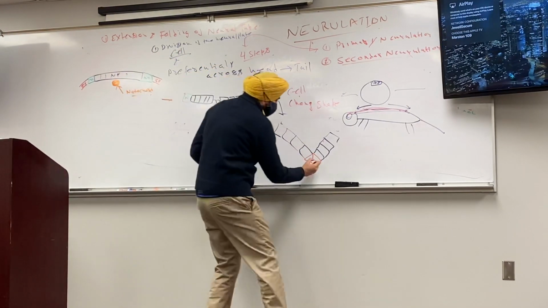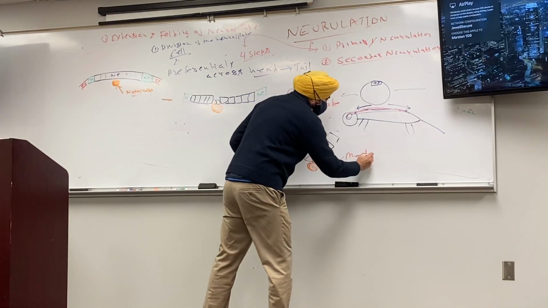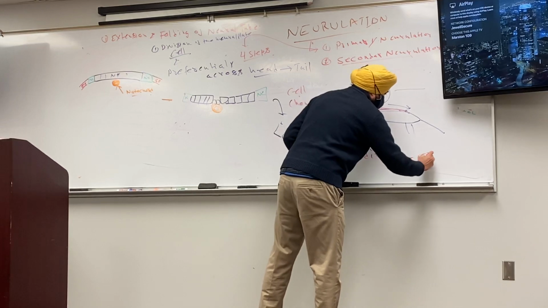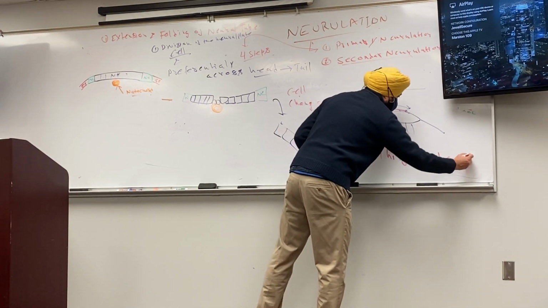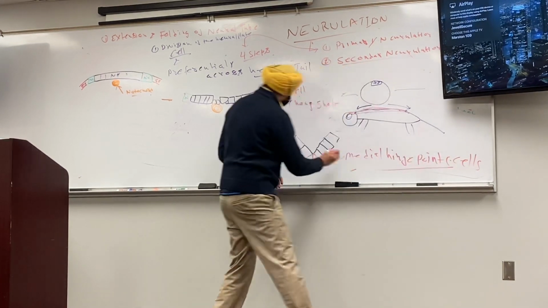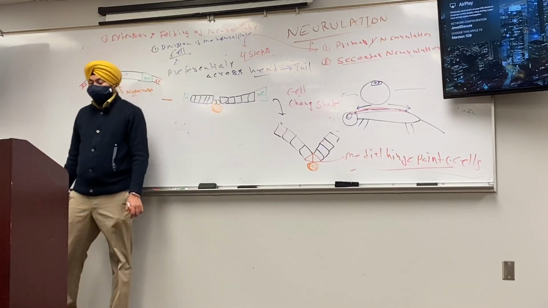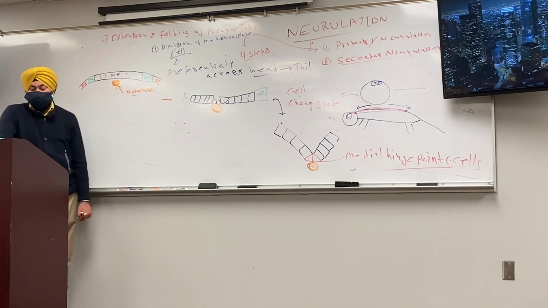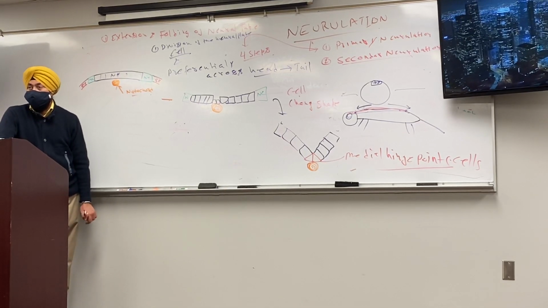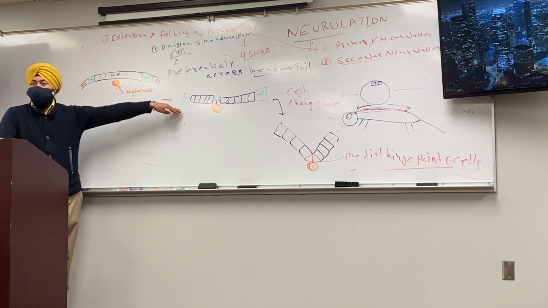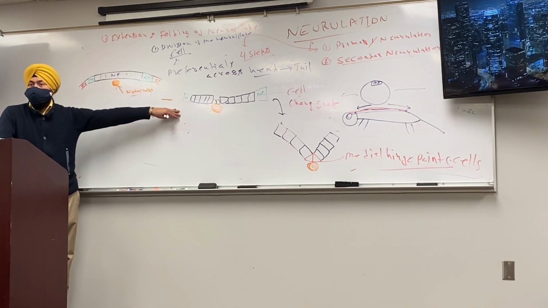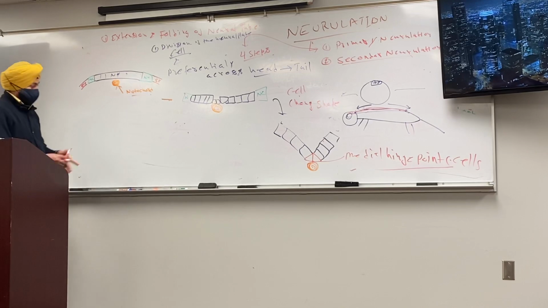So these cells are called medial hinge point cells. So far it is okay? Now that is how the fold is formed. That makes sense? Okay. Then what happened?